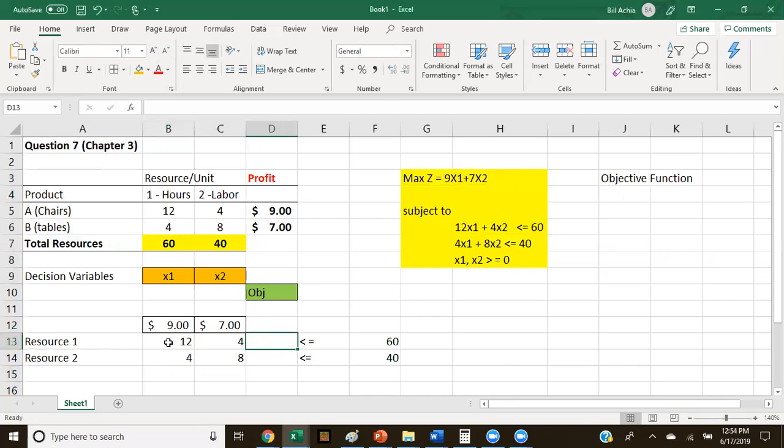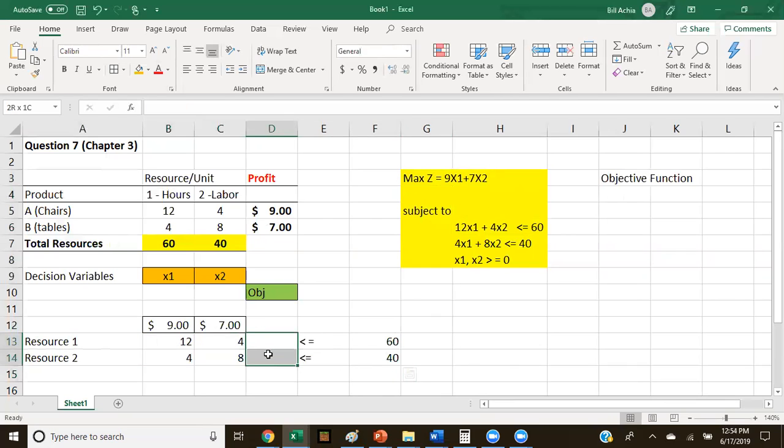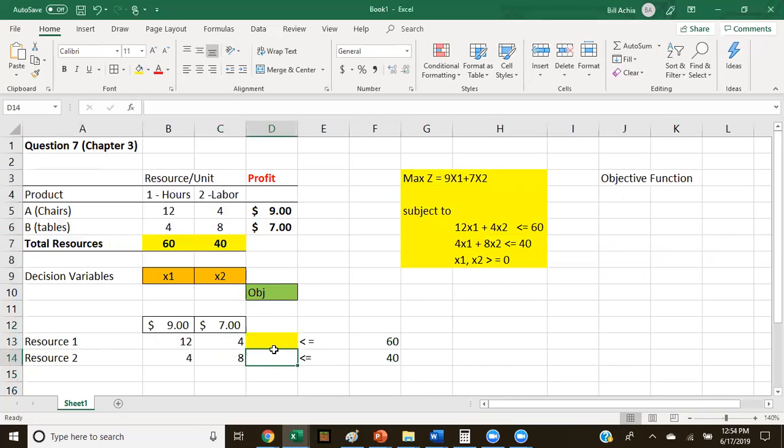Now, what I want to have with my constraint here is that whatever value I'm going to have plugged in here should be less than or equals to what I have here. So let me highlight these two cells here. I want to plug in some formulas here, which once I calculate them will enable me to have a value that's less than 60 and a value that's less than 40. How do I go about doing that? I go back to my model here.